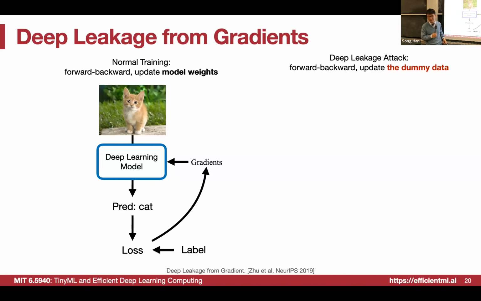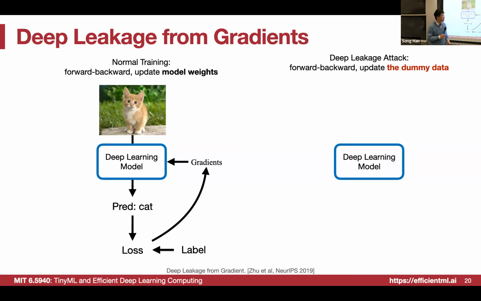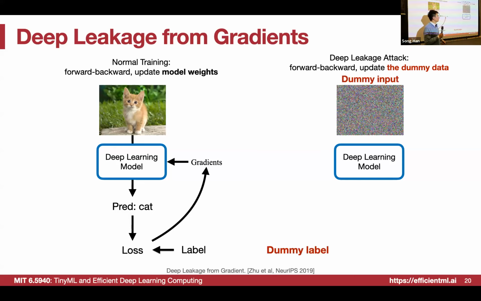So here is an example. We call it the deep leakage attack. We start with the input image, and we have the model, we get a prediction, we get a loss with a label, and produce the gradients. Since we have access to that model, we can initialize a dummy input and a dummy label, which can be random input and random label.